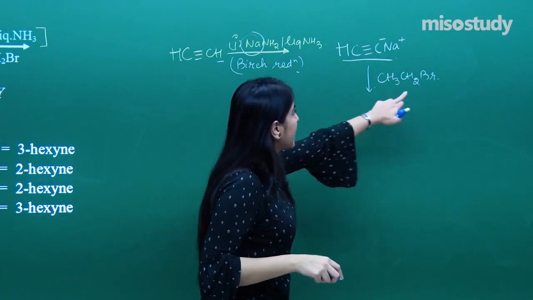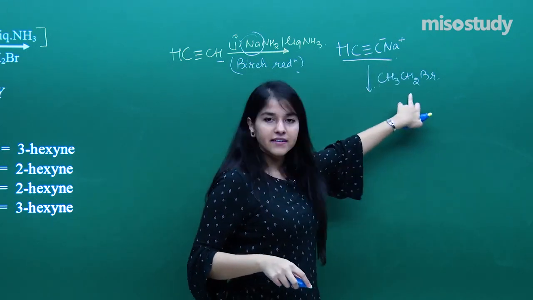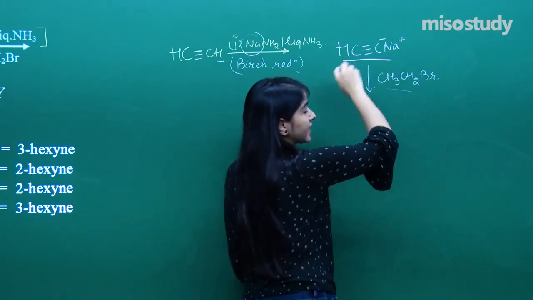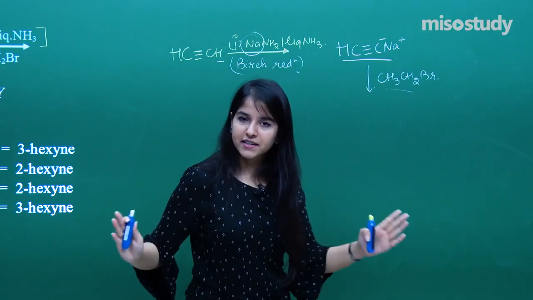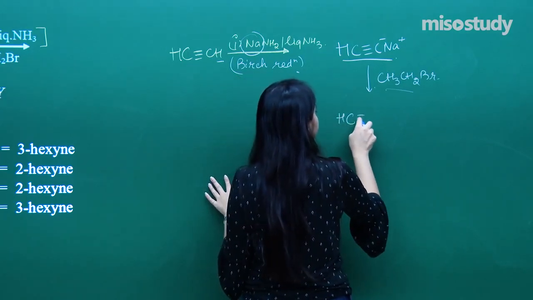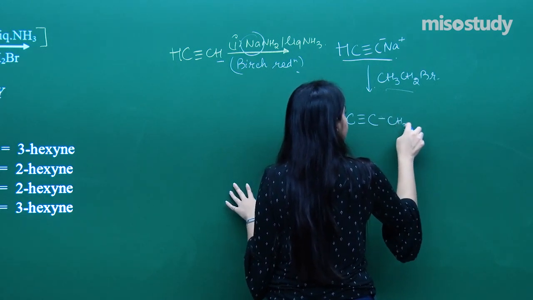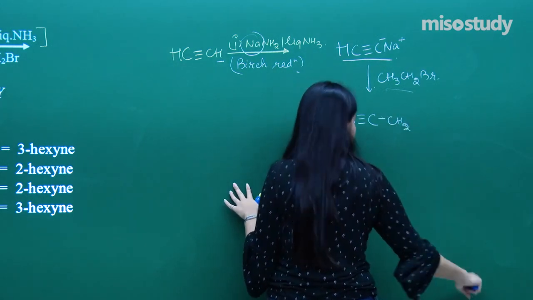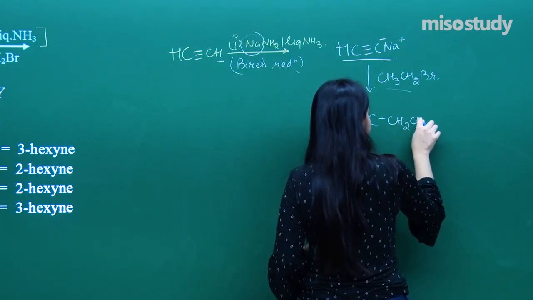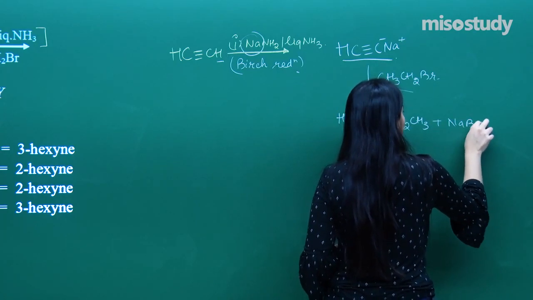Now what will be happening? NaBr goes off and this entire alkyl molecule gets attached onto the carbon, increasing the carbons in the main series. So what do I get over here? CH2 and CH3, and NaBr.